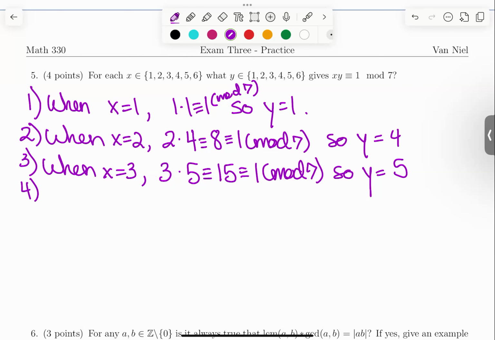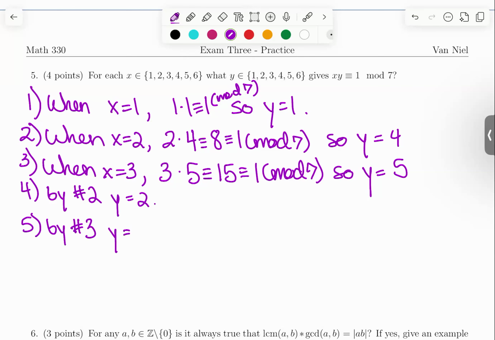4, by number 2, y equals 2, right? Because it's just going to be 4 times 2. Okay. For 5, by number 3, y equals 3.